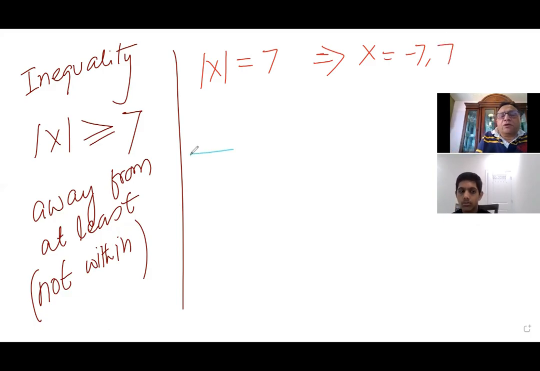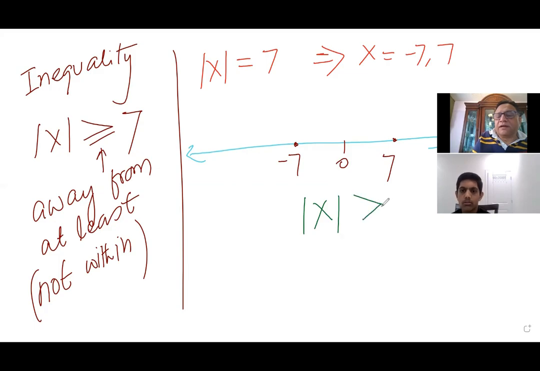Then let me put it on a number line. On the number line, I get these two points, which are also part of my solution since I'm including equal to also. So I have minus 7 and I have plus 7. You see that? When I'm saying greater than, I'm trying to show you the solution of absolute value of x greater than or equal to 7. That means this is included, but it is away from.